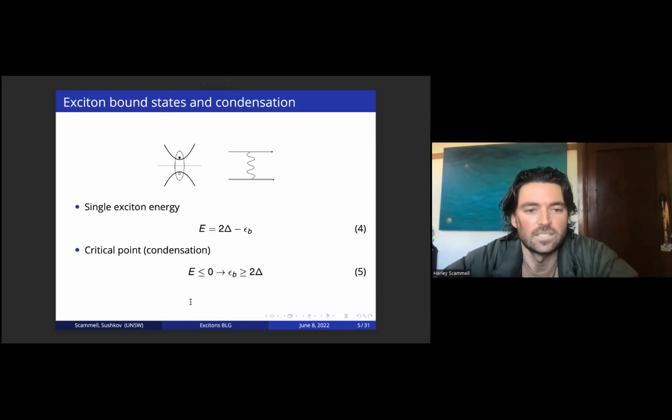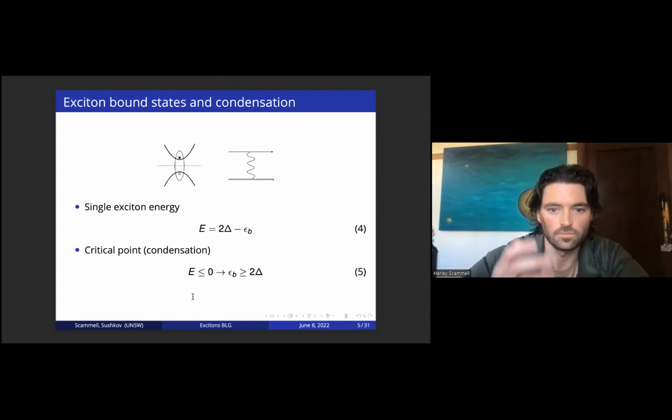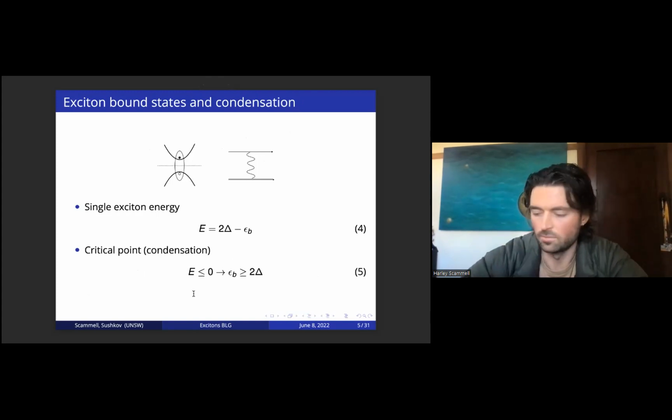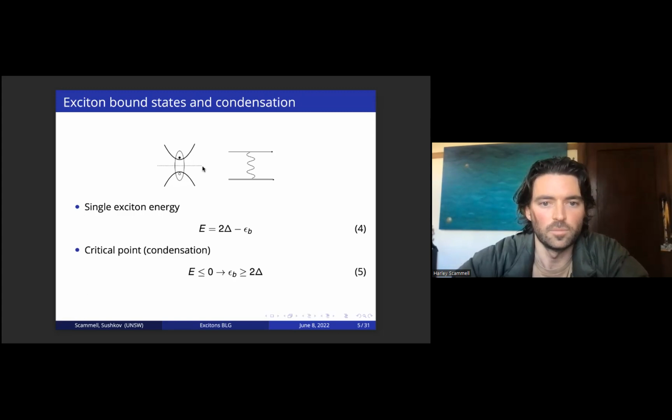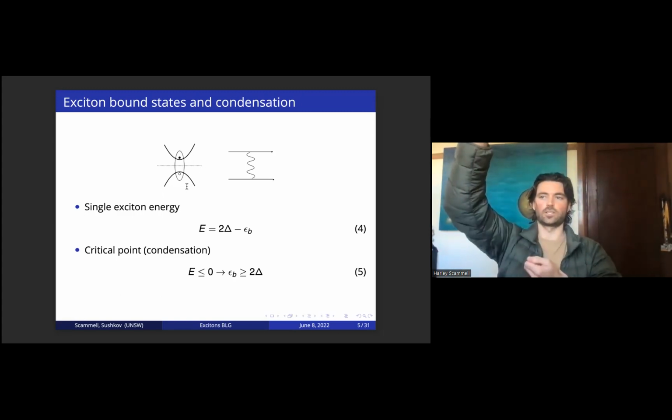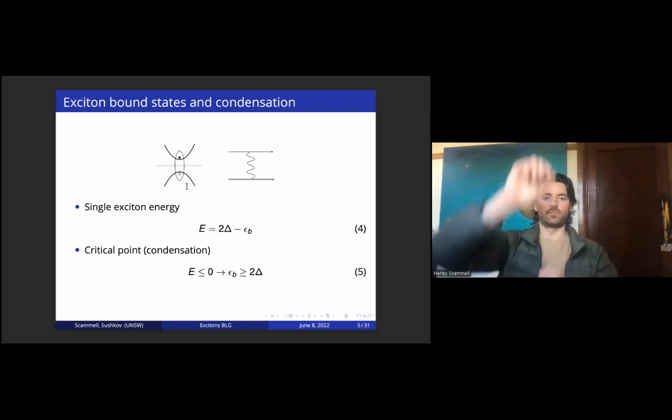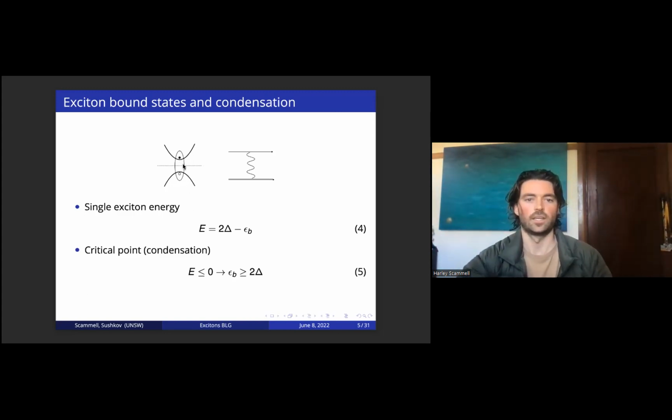So what I discussed today is excitonic bound states and then subsequent condensation. Just to quickly review the essentials: this is some generic semiconductor, and this dashed line is the Fermi energy. So we have a completely filled valence band, and then you kick an electron into the conduction band, and so you have a negative charge in conduction and a positive hole in the valence band.